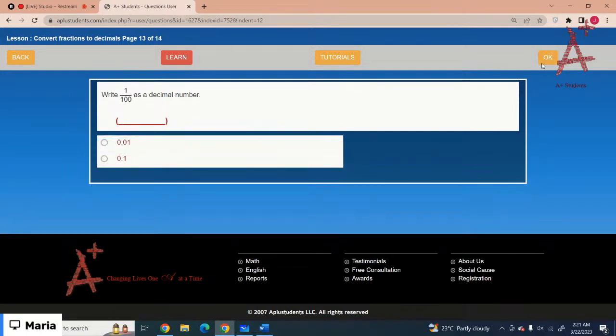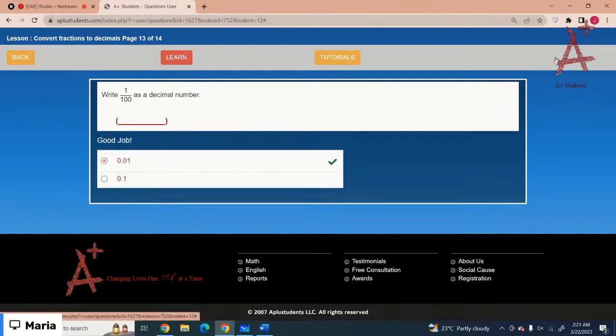Very good. Okay, 1 over 100 as a decimal, which is the correct option? 1 over 100, you have two zeros, got it? That means you need to move the decimal point two places left, so it would be option number 1.